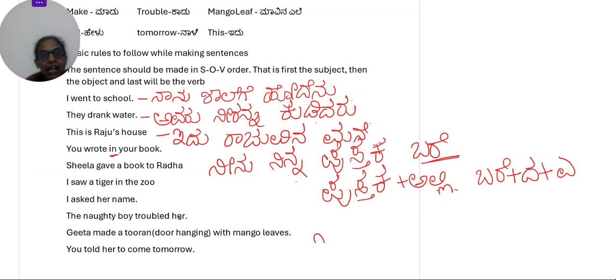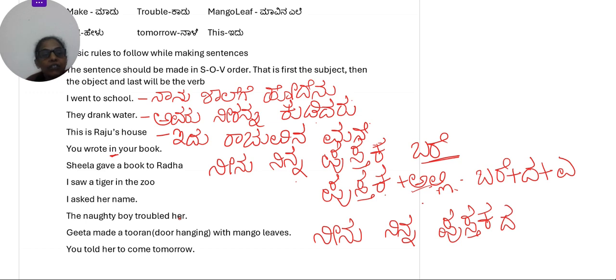So we will say it as Neenu ninna pustakadalli. Okay, pustaka plus alli when you are adding, dalli. All words which are ending with the swara sound a, and when you add alli to it, it will become dalli. Okay? Neenu ninna pustakadalli barede. Okay, bare, de and a together it becomes barede, which means you wrote.